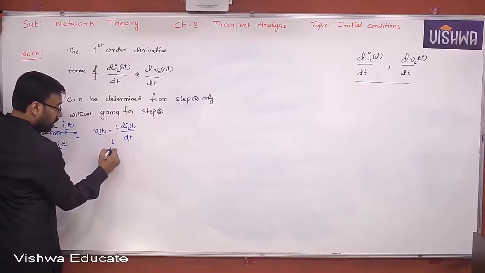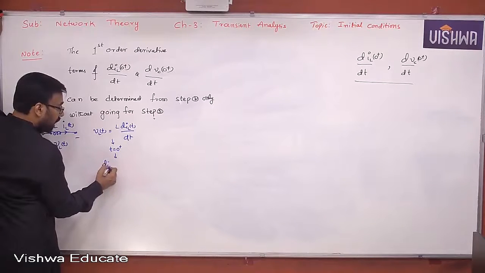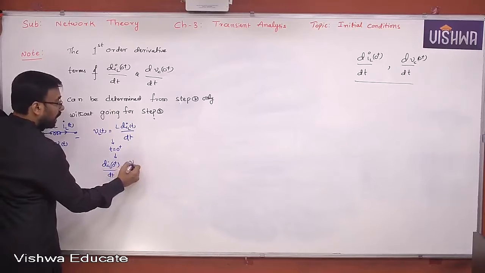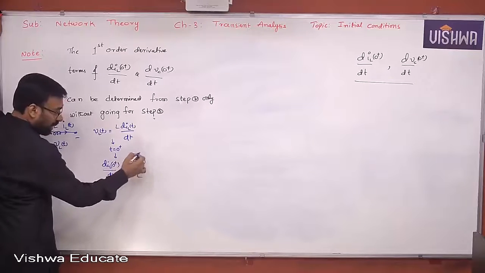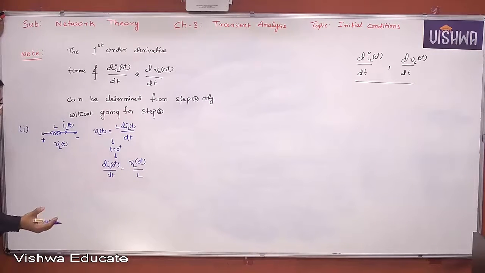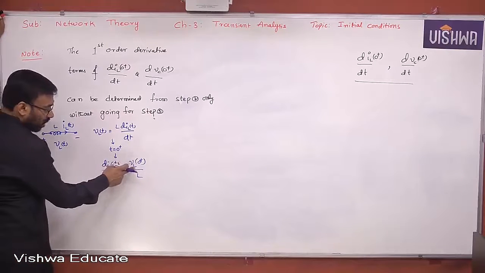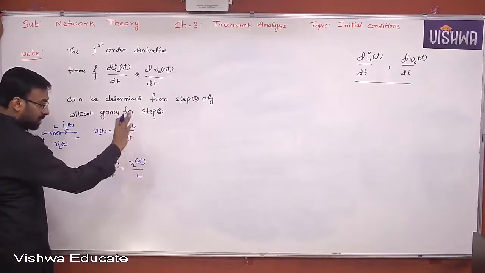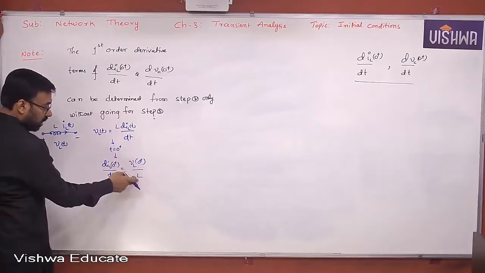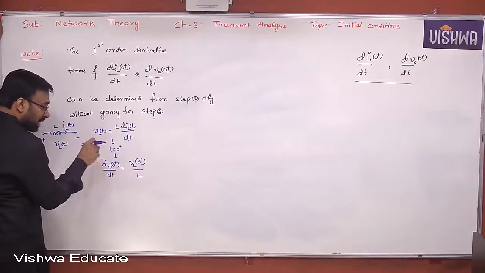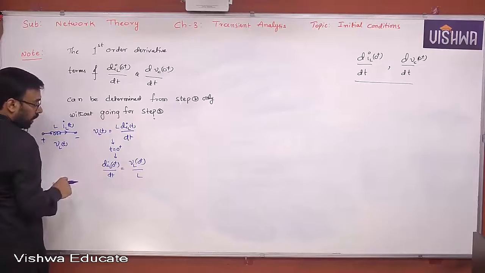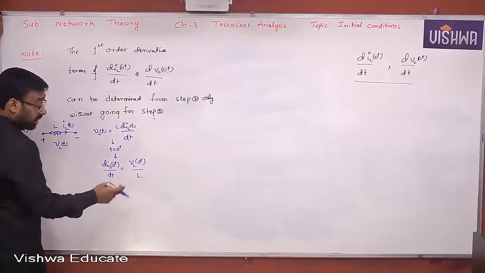If you apply t equal to 0 plus conditions to it, what will you get? dIL of 0 plus by dt will be nothing but VL of 0 plus by L. So how do you find this VL of 0 plus? You can find VL of 0 plus from step 2 only. Voltage across the inductor at t equal to 0 plus can be determined from step 2. If you know that, divided by L will give you dIL of 0 plus by dt. So you are able to find this first order derivative term without going for step 3, just by step 2 only.